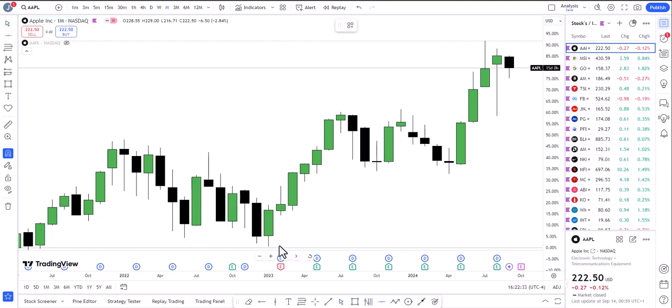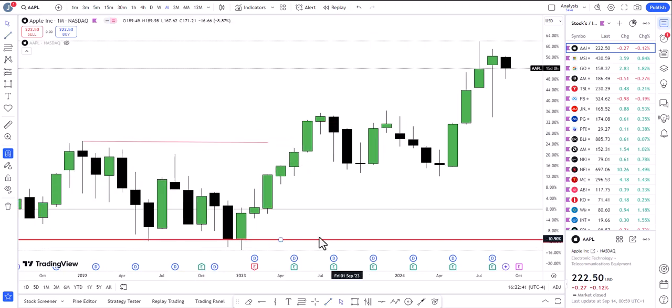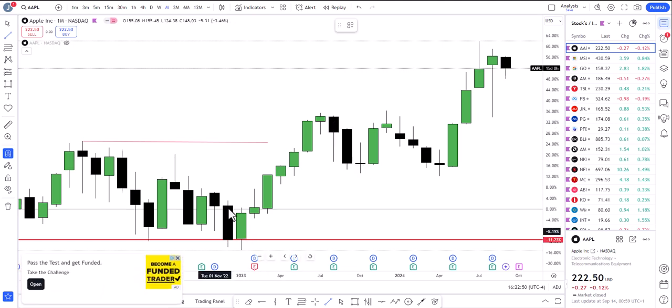Here again we have that low there. Buy side here. This is an order block here. Does it get to it there?